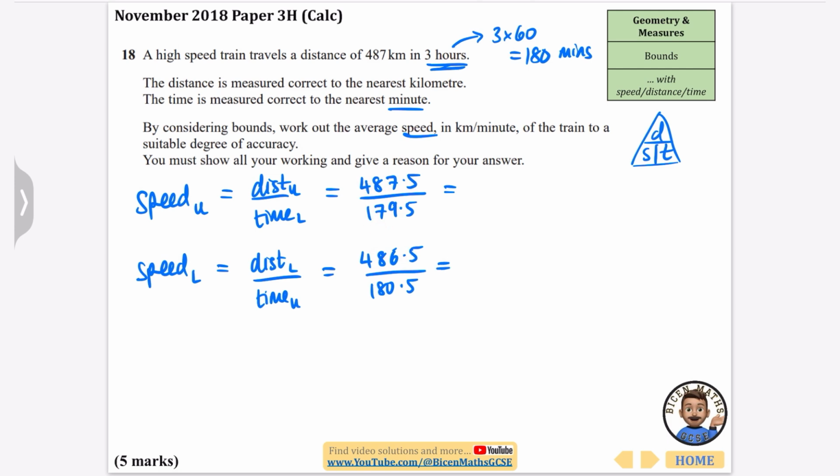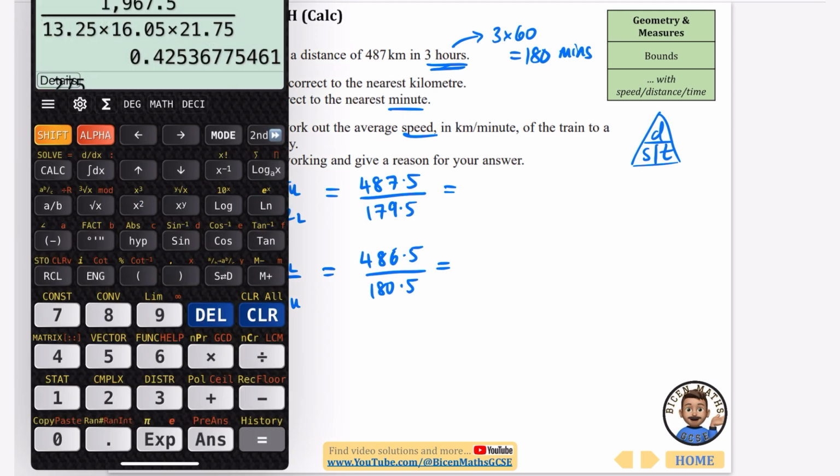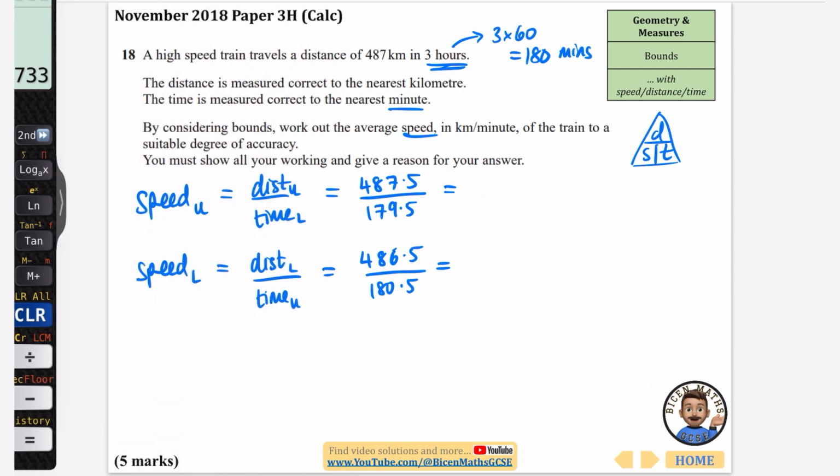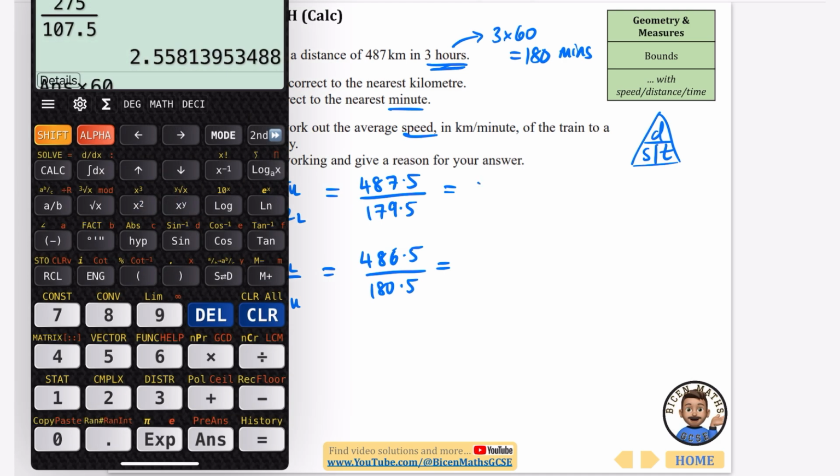They don't want it in kilometres per hour. That means we can literally just type these in straight away to the calculator. So I'm going to do 487.5 over 179.5, and we get 2.7158774. I'm just writing down a few numbers because it might be useful for the rounding part.